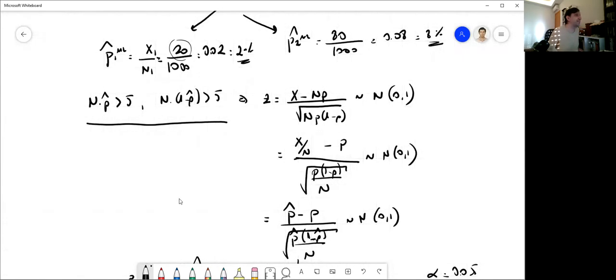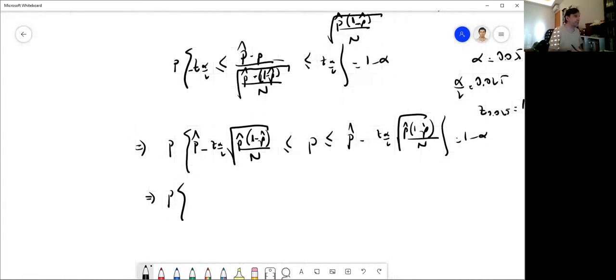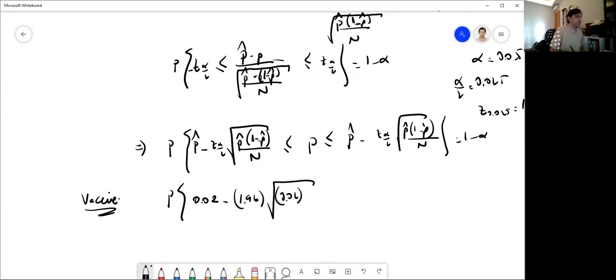Let's see what our p is. 0.02 is for the first, p1, so this is going to be for the vaccine case. Minus 1.96 times the square root of 0.02 times 0.98 divided by 1000.